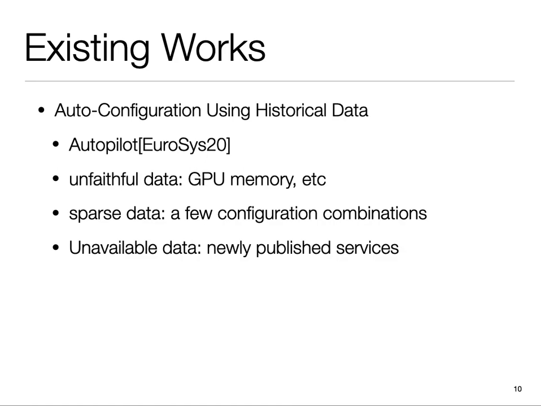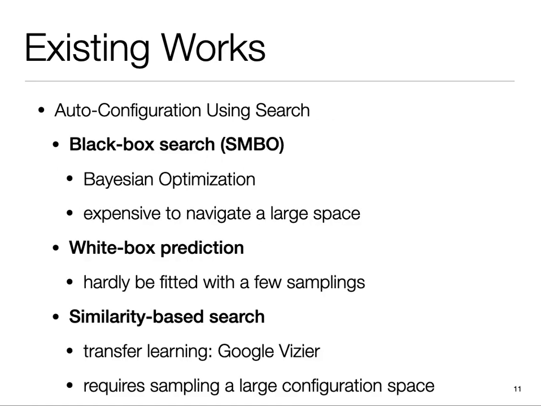So monitoring tools such as nvidia-smi always observe full memory usage, even though only a small amount of the GPU memory is actually used. Another approach is to sample a small number of configurations for performance evaluation, such as black box search, white box predictions, and similarity-based searches. We found that these approaches require sampling a large configuration space before finding the optimal configuration.